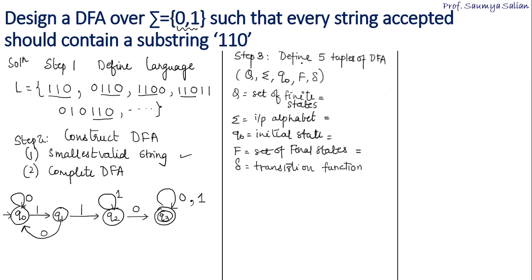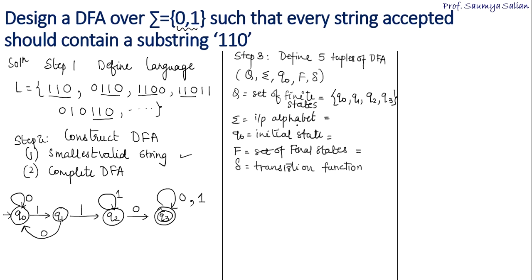Next step, step 3 is to define 5 tuples of DFA. DFA is defined by 5 tuples, that is Q, sigma, Q0, F and delta. Q is a set of finite states, that is here I have Q0, Q1, Q2 and Q3.